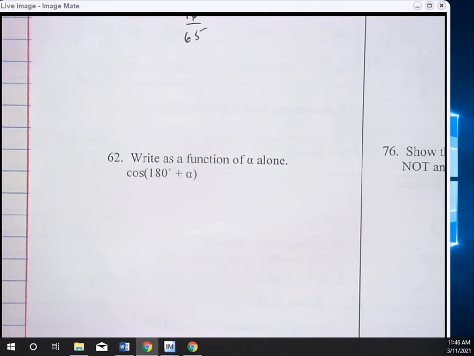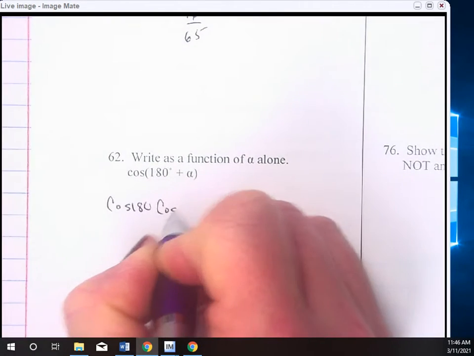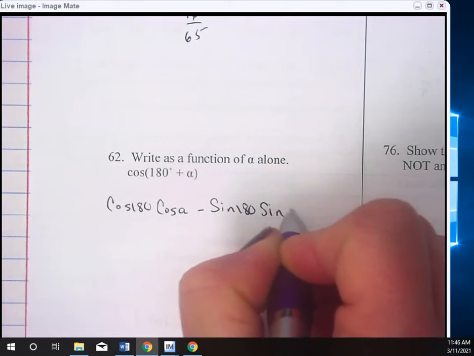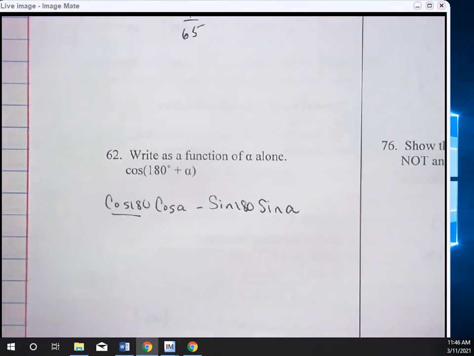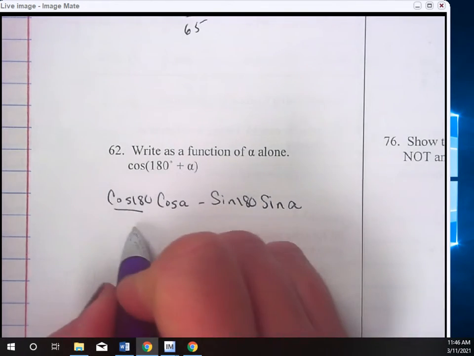Write as a function alone. I'm going to use my cosine of 180, cosine of alpha, minus the sine of 180, sine of alpha. What is the cosine of 180 degrees? -1.